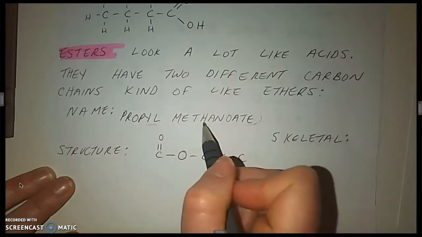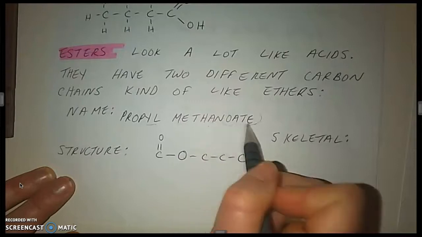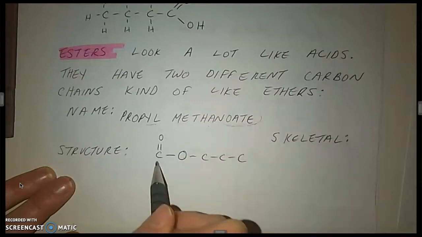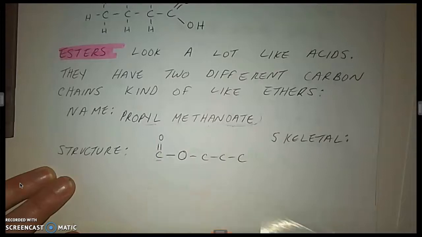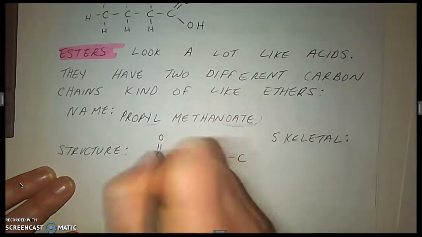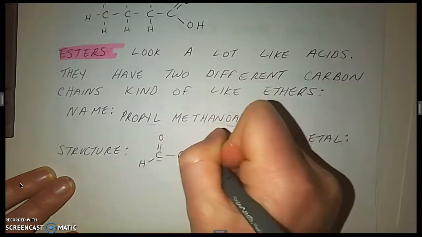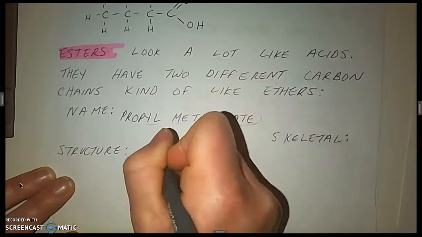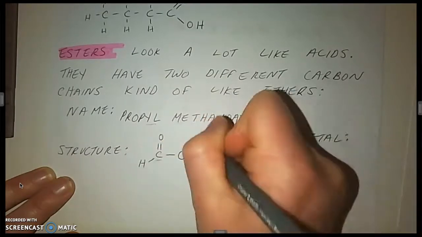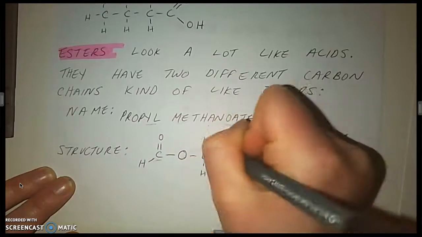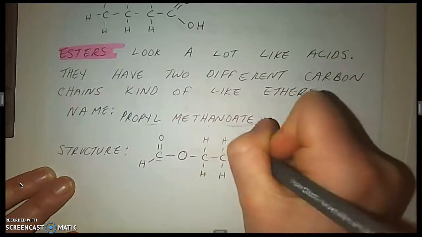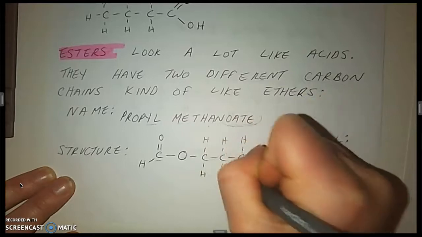It's just the part of the name that has the oate on the end that is going to get this extra double bond to oxygen. And then the last thing I'm going to do is fill everything with hydrogens. That carbon was making 1, 2, 3 bonds, so I needed one more hydrogen, 2 on this, 2 on this, and then 1, 2, 3 on this one.